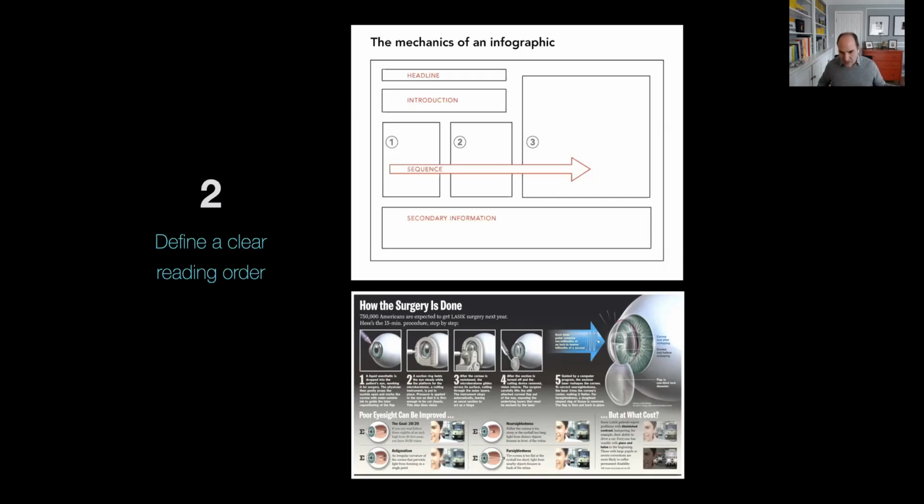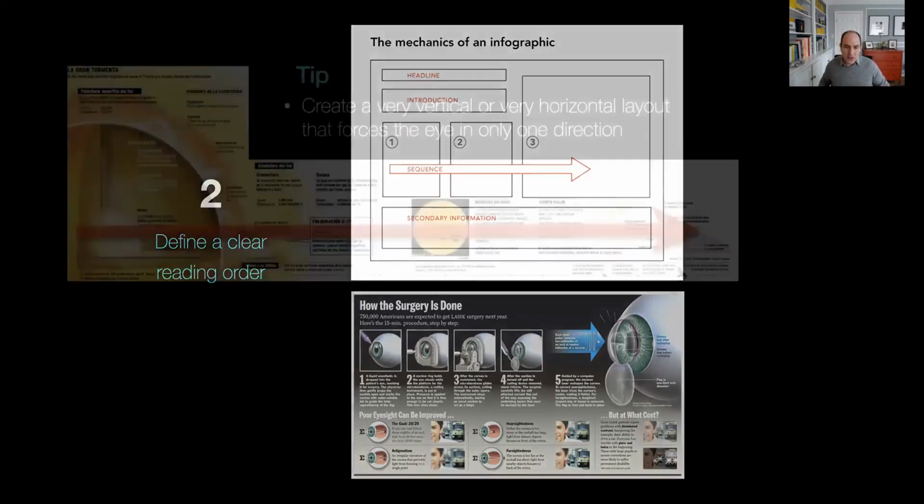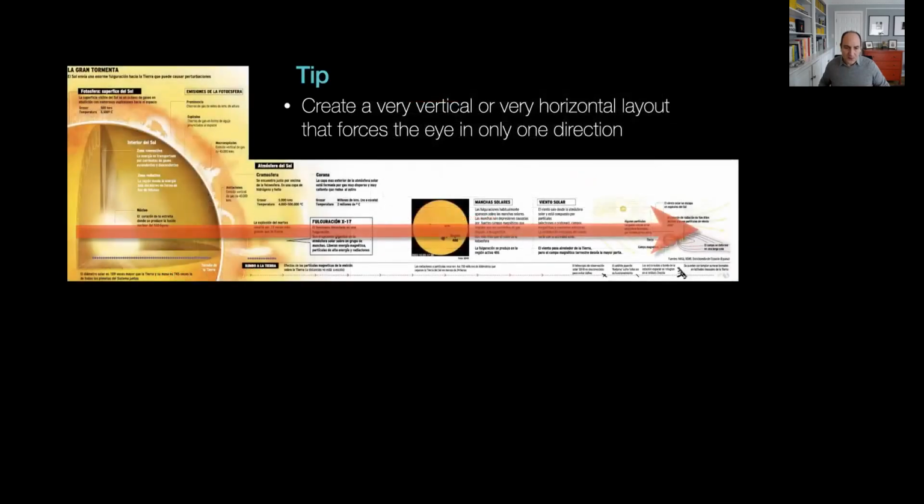It sets up the story. It's sometimes very difficult when we go directly from headline to data points. So always introduce your subject, and then you can have a large image or a sequence, like in this case, and secondary information. It's a very, very simple reading order that applies to any kind of visualization or infographic.